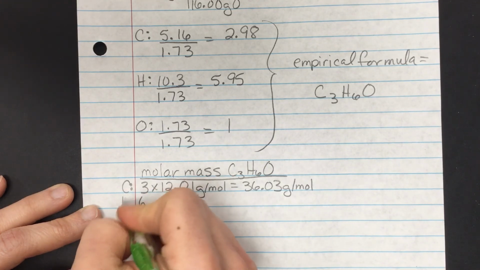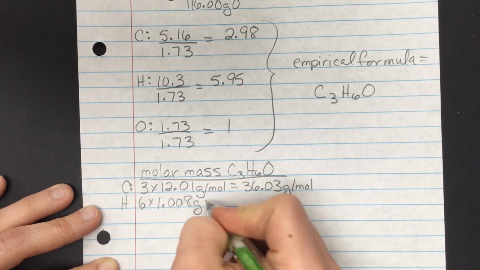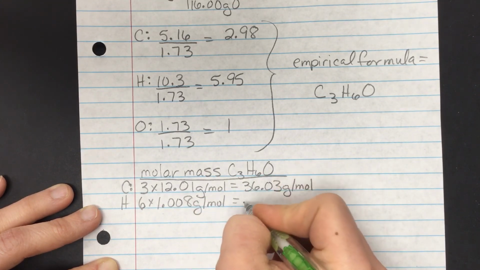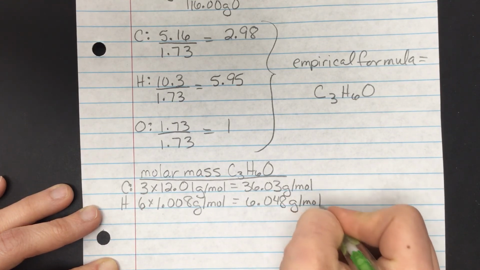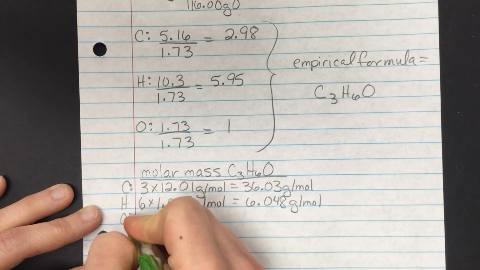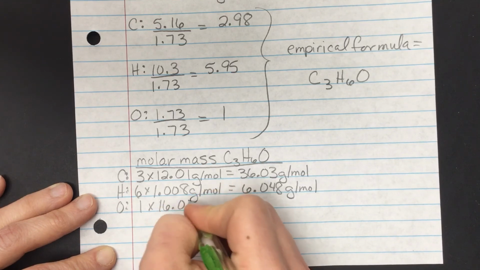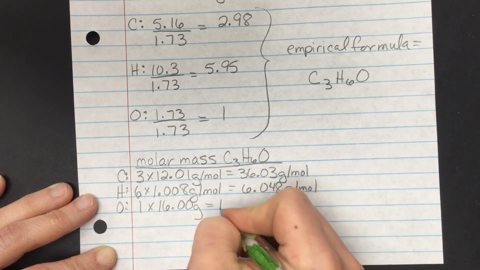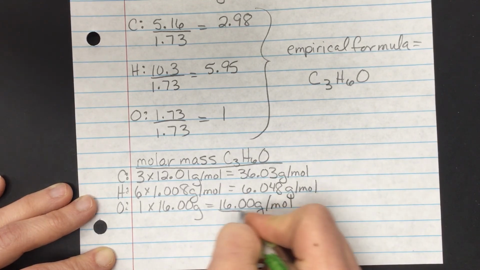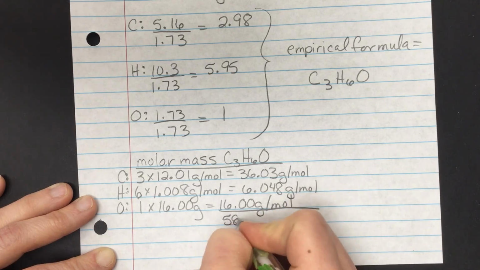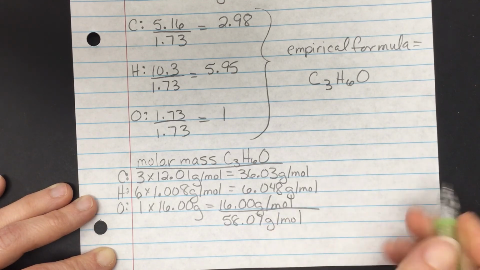For my hydrogens, it's 6 times 1.008 grams per mole. I get 6.048 grams per mole when I do the multiplication. And for my oxygen, it's 1 times 16.00 grams is 16 grams per mole. When I add all of those up, I get 58.07 grams per mole.